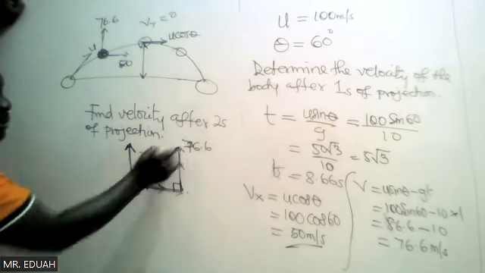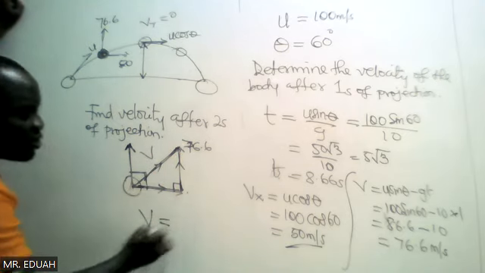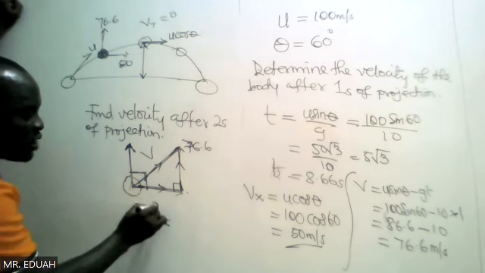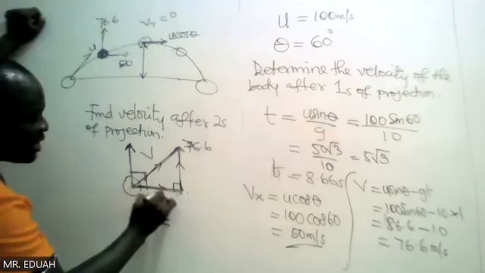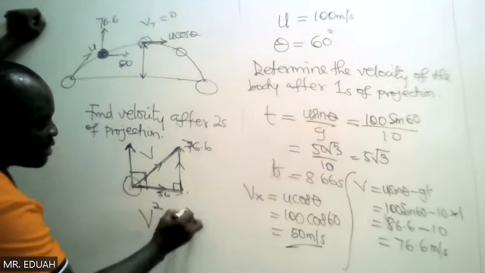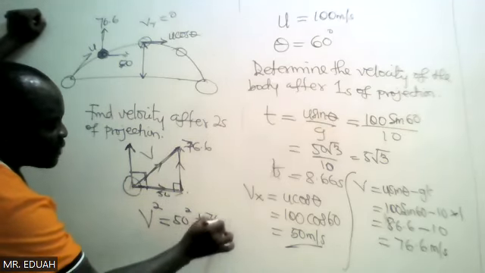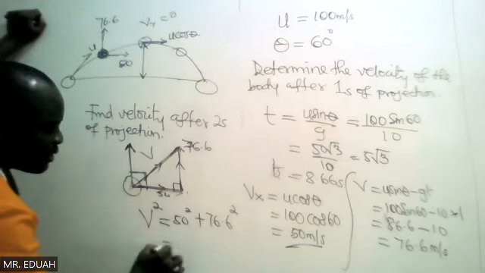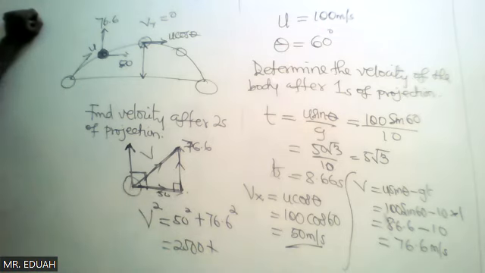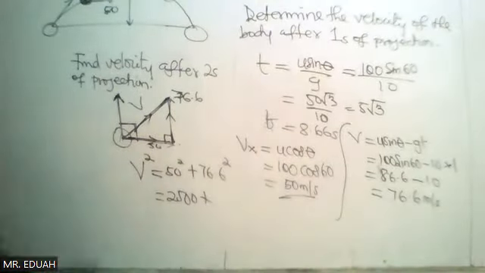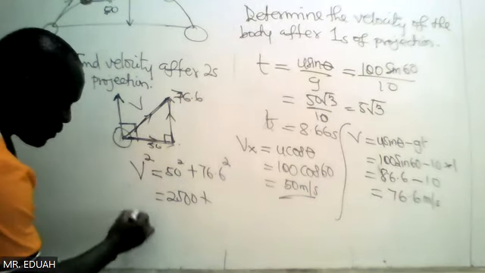If I want to determine this, using Pythagoras theorem, v squared will be equal to this side squared, which is 50 squared, plus 76.6 squared. I put them together: 2500 plus 76.6 squared. Find out the sum and take the square root.